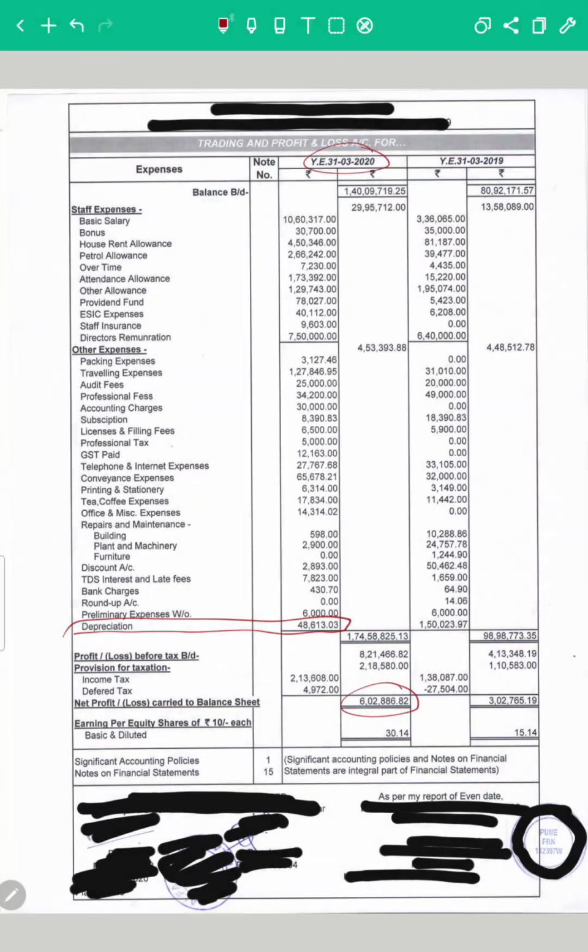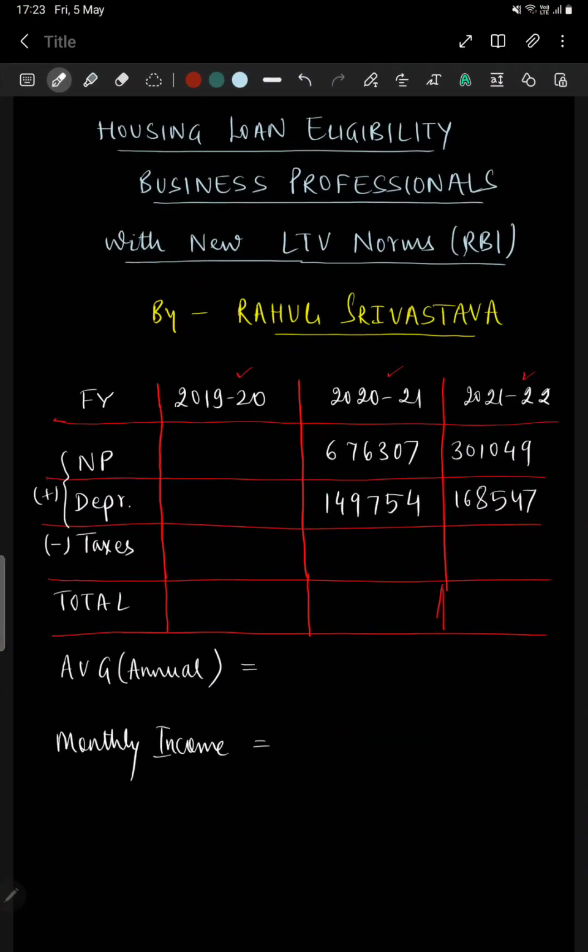So these two we will write down in our 1920 column. So net profit is 6,02,887 and depreciation amount is 48,630. Now, when it comes to taxes, then we have to see the ITR acknowledgement file that the customer has submitted.